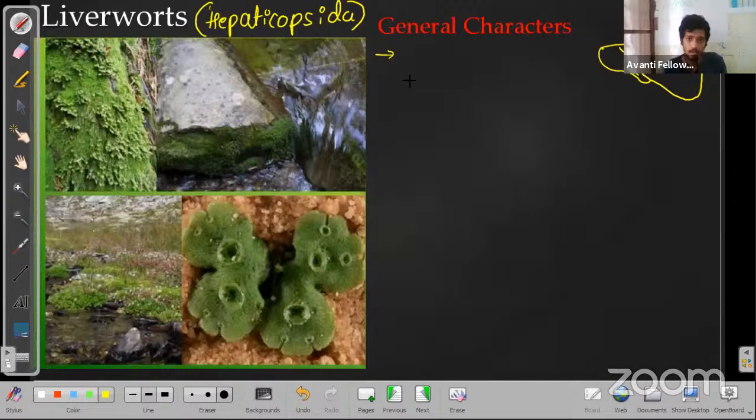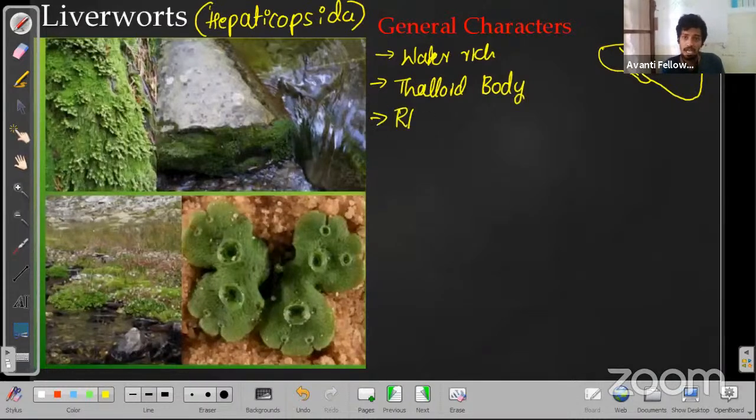Okay, so where is it growing then? These are present in water-rich areas, exactly, those are the same. Remember, all the characters I told you are valid here also, apart from some other characters. These have a thalloid kind of body, a thalloid body. There is no differentiation of particular structures. These have rhizoids, and how do those rhizoids work?